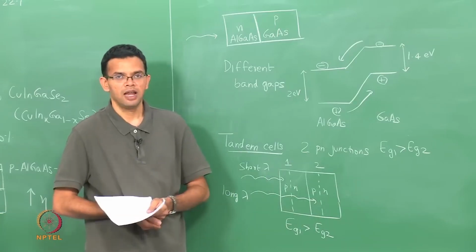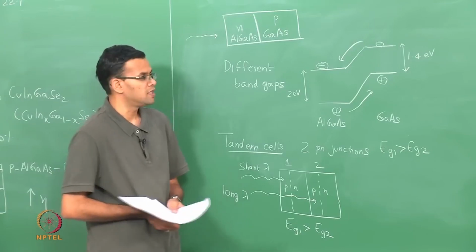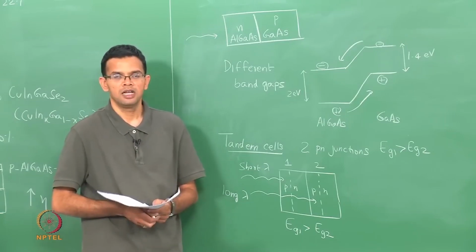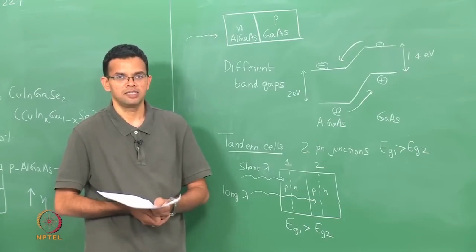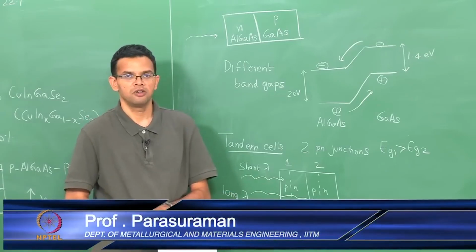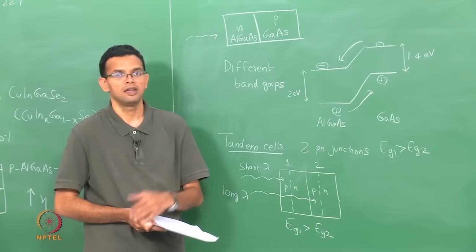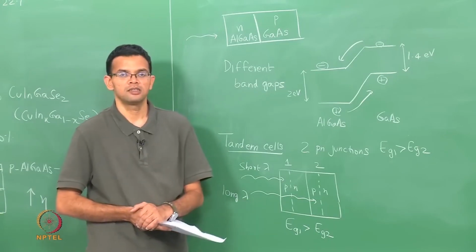So, these last few classes we have looked at electronic devices. So, we started with a simple metal semiconductor junction, then we moved on to a p-n junction, and then we looked at transistors. We also looked at some examples of optoelectronic devices like LEDs, lasers, photodetectors, and then solar cells.